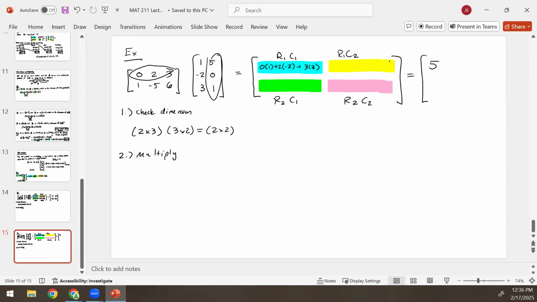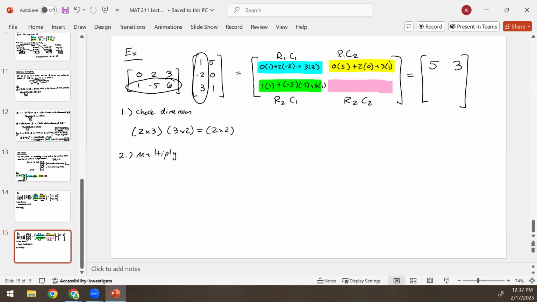And then now we do row 1, column 2. So 0 times 5 plus 2 times 0 plus 3 times 1. So that's going to be 3 because of the 2 zeros. Row 2, column 1. So 1 times 1 plus -5 times -2 plus 6 times 1.